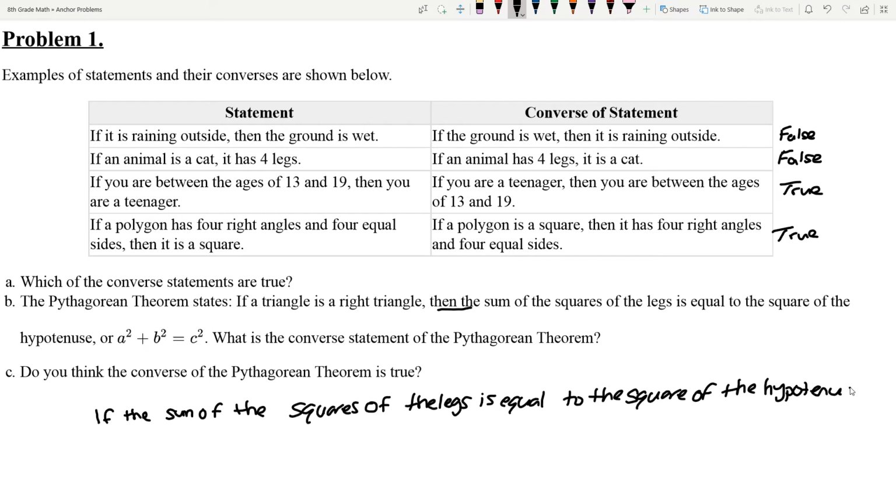So that covers the second part, right? The sum of the squares of the legs is equal to the square of the hypotenuse.